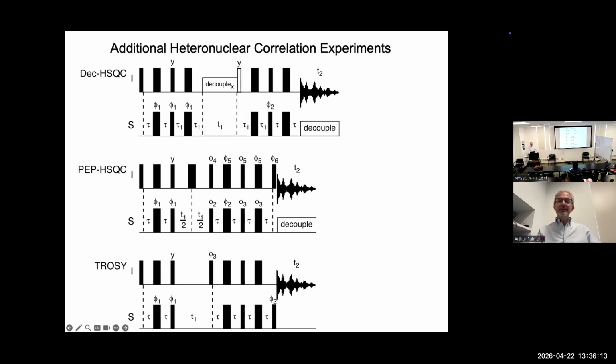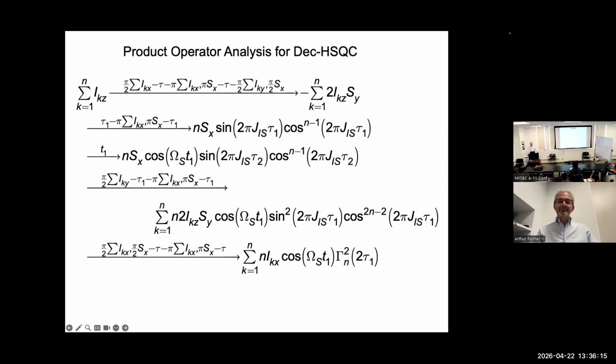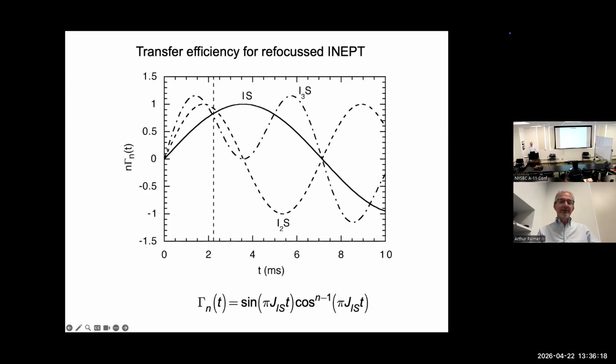More on HSQCs, and product operators. Once we start with the side chains where you have CH2s and CH3s, we have to worry more about how all the different product operators are evolving under the coupling. And hopefully you saw that in the midterm, or you will, where you had to deal with a methyl group.